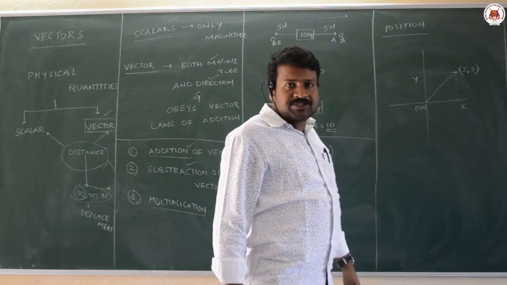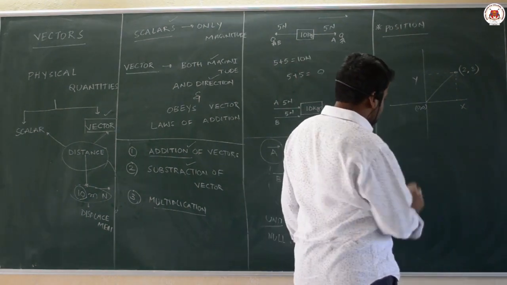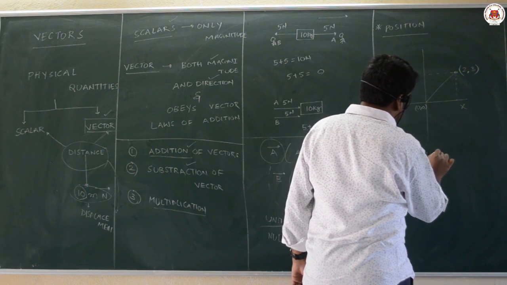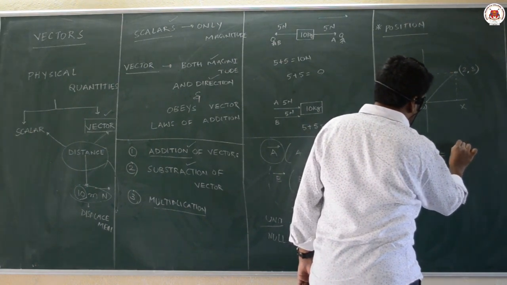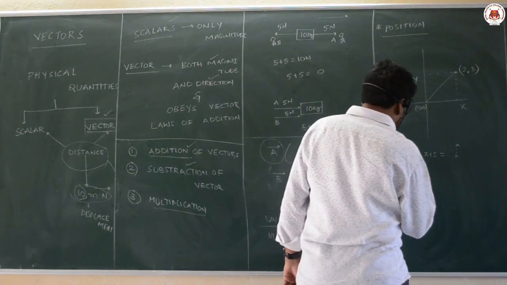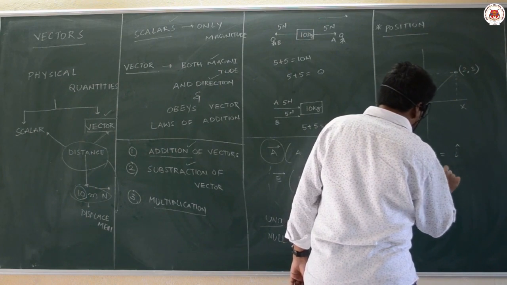Unit vectors along the axes are very important in vectors. The unit vector along the x axis is represented as i cap. The unit vector along the y axis is represented as j cap.